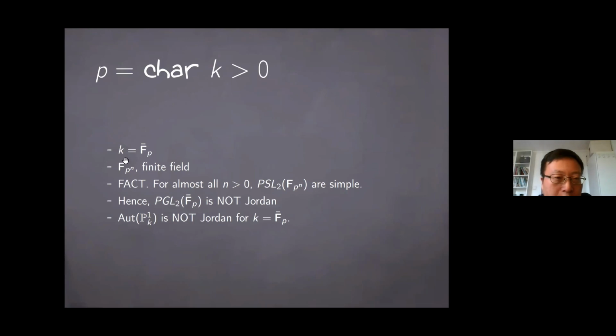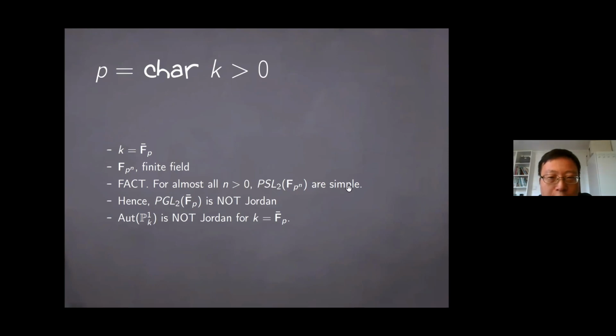Say let K be the algebraic closure of Fp, where Fp is a finite field of p elements. Then we know Fpn is just a finite field of p^n elements. There is a fact that PSL2(Fpn) is simple for almost all n, maybe for n greater than or equal to 3. This is called a simple group of Lie type.